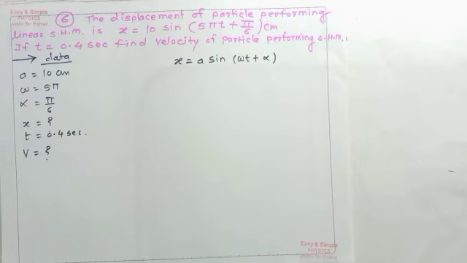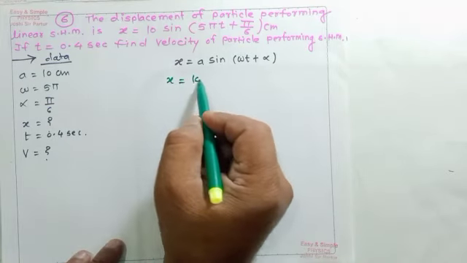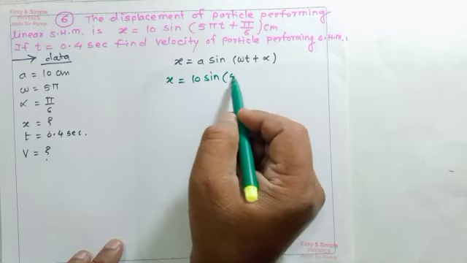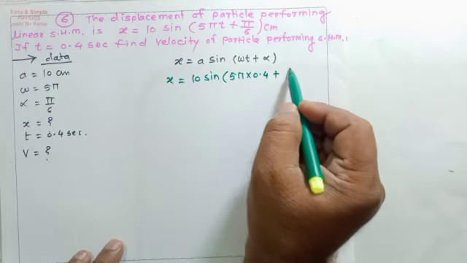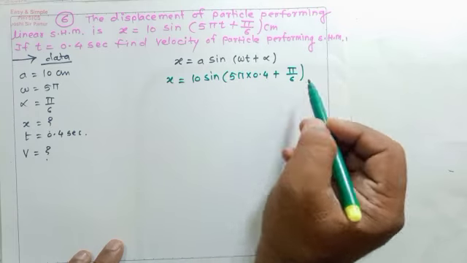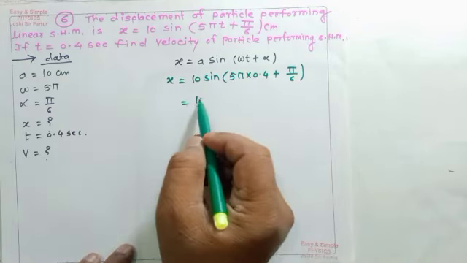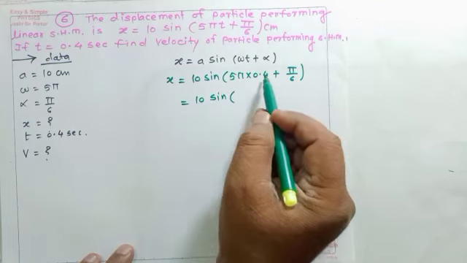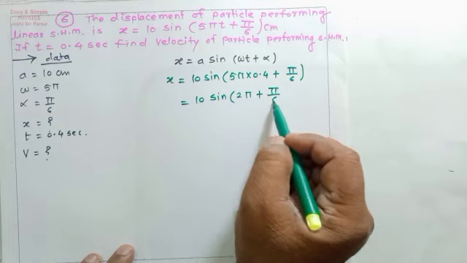See here for finding x and v, first of all we substitute the value of time. So here x is equal to 10 sine 5 pi multiplied by 0.4 plus pi upon 6. What happened? 10 sine of, that is 2 pi plus pi upon 6.